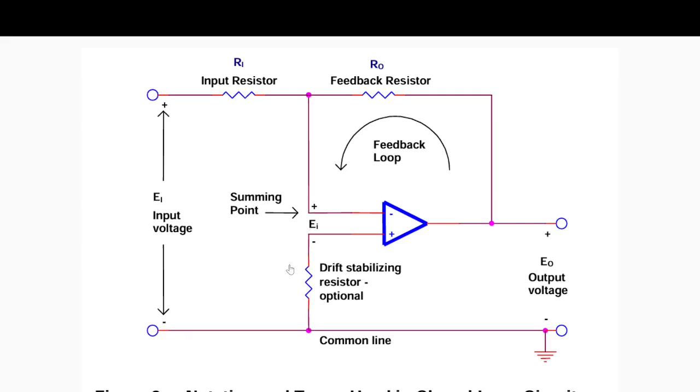The resistor used at the non-inverting input is for drift stabilization. That resistor is optional, depending on the application environment, whether you need it and what the value of this stabilizing resistor should be. And here is the output voltage. This is our feedback loop that we use in our mathematical analysis to derive the equations. Let's carry on.